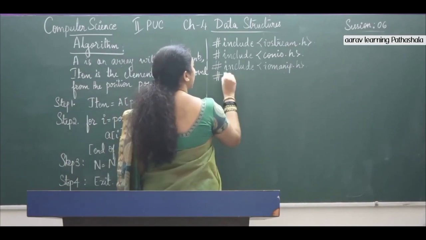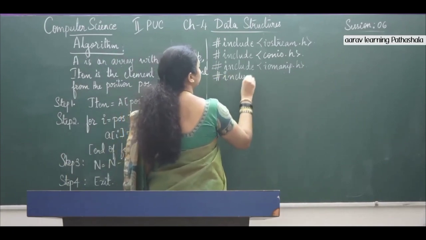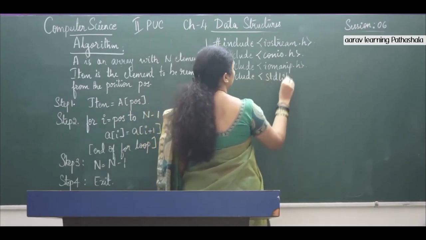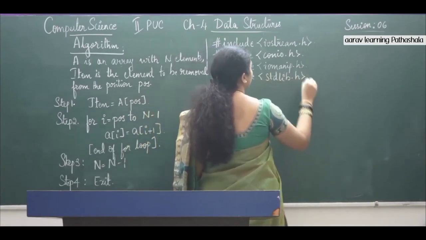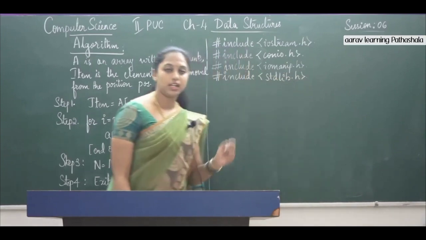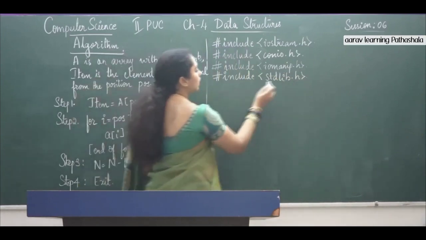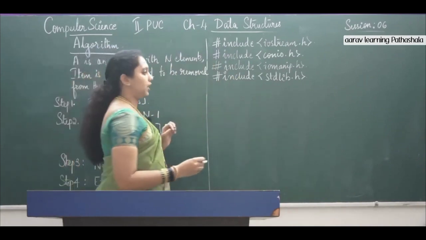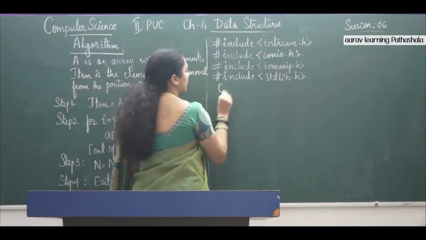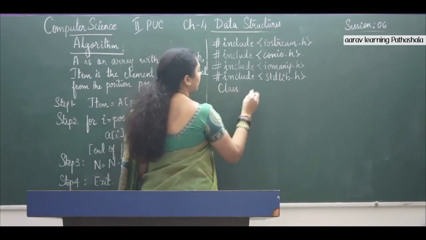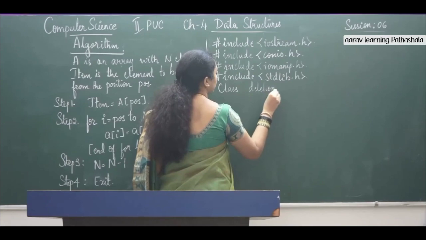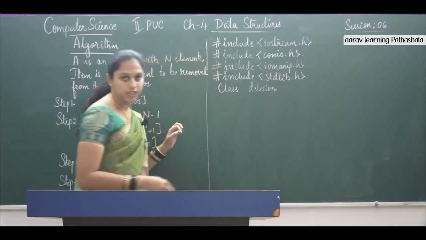Next header file is #include stdlib.h. If I want to use the exit function in our program, then I should include stdlib.h in our C++ program. Now I am creating a class called deletion.